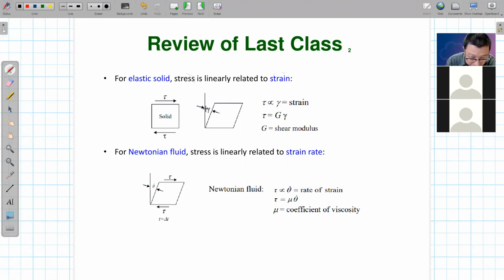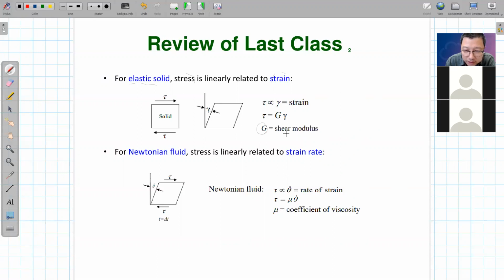Strain we can consider as this angle gamma here. So in the solid, stress tau equals G, a constant, times gamma, if it's an elastic solid, and this gamma is the angle in radians.